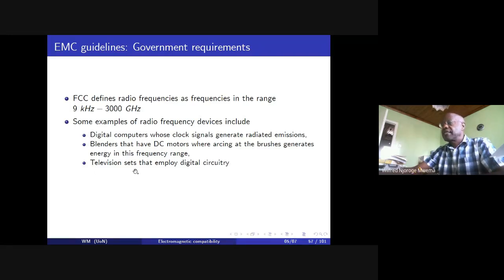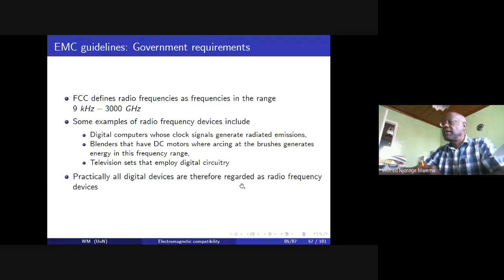Television sets that employ digital circuitry will also be generating radio frequency radiation, and practically all digital devices will therefore be regarded as radio frequency devices in the understanding of the FCC and many of the EMC regulating authorities.